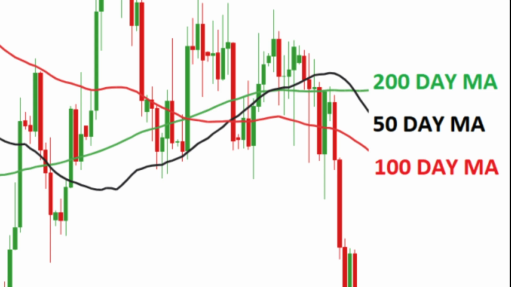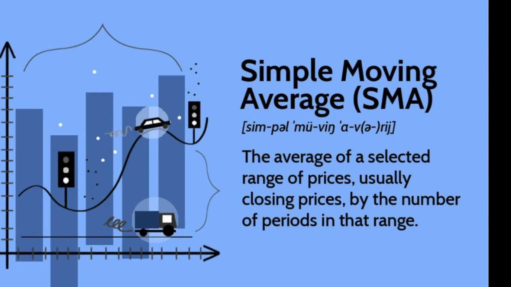So this is basically talking about a daily time frame. If you're looking at the daily time frame, 5 candles are going to represent the last 5 days. And if you put a moving average on it, the moving average is going to represent the average price of the stock over those 5 days.